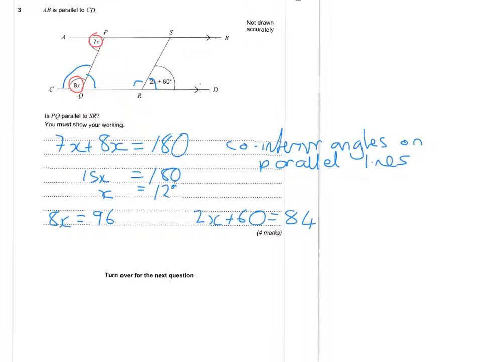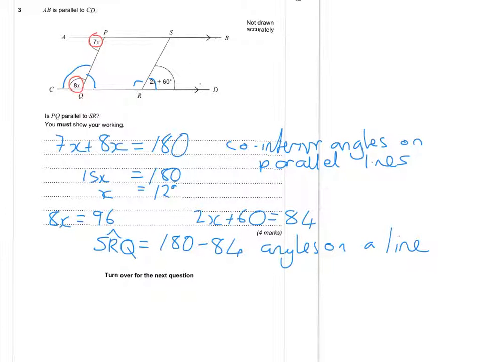and 84, angle SQ is equal to 180 minus 84. That's angles on a line. Which is 96.